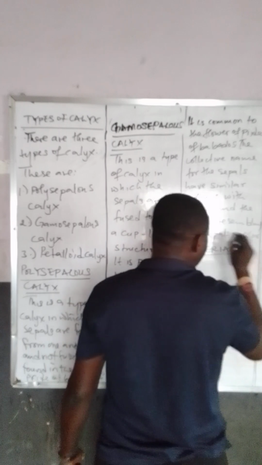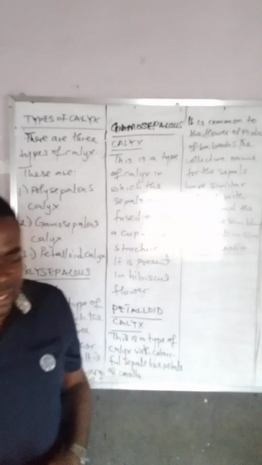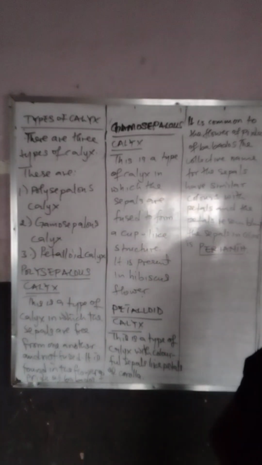So that's the collective name for both the corolla and the calyx having similar color.